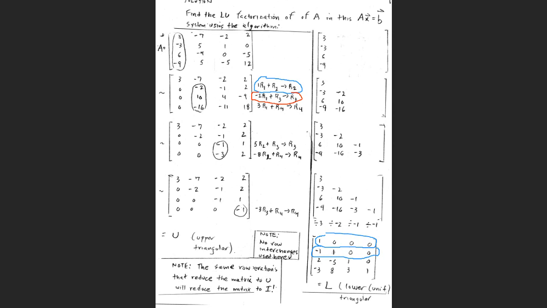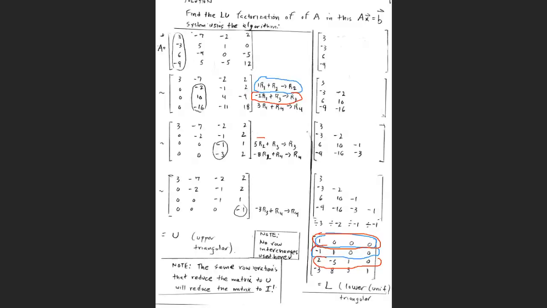So if I were to take -2 times row 1 and add that to row 3, well, I want to be a little careful here. Yeah, it would get you 0, -5, 1, 0. That's right.